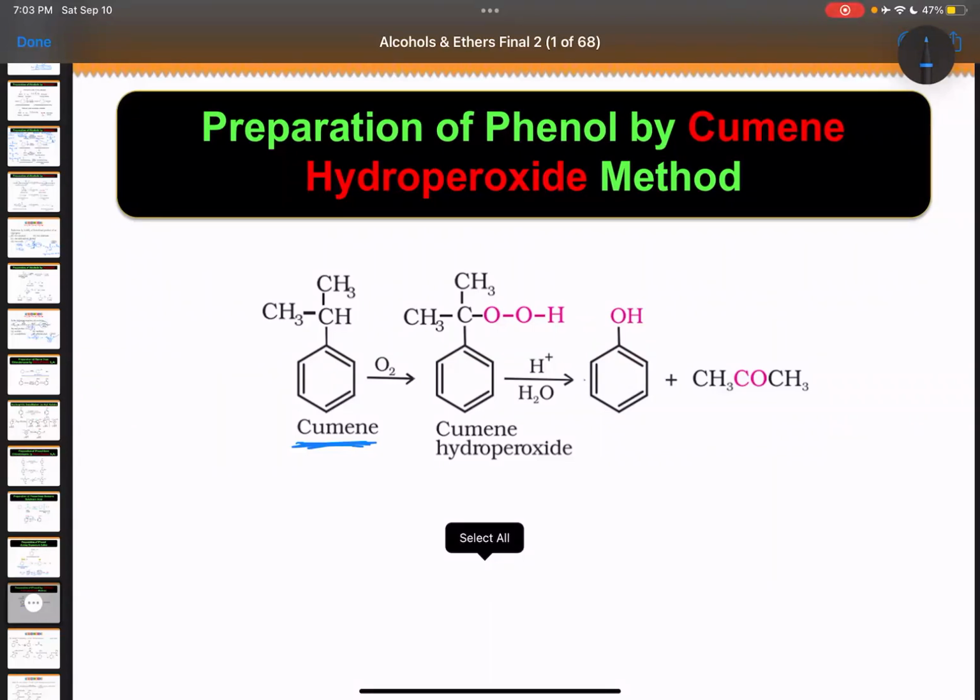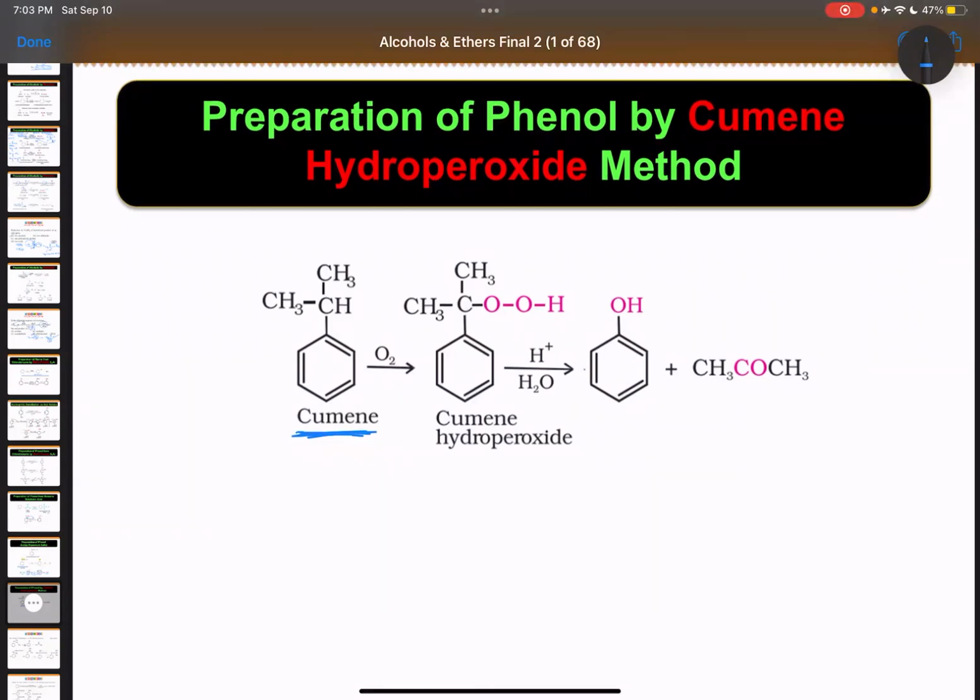Preparation of phenol by cumene hydroperoxide method. What is the other name for cumene? Isopropyl benzene. This is the isopropyl group.